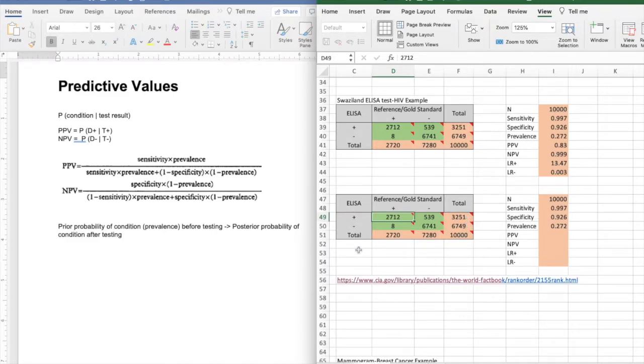So 2712 divided by 3251, and that gives us a positive predictive value of 0.83 for the ELISA test. That means that if you test positive for the ELISA test in the clinic, there's an 83% chance that you have HIV.